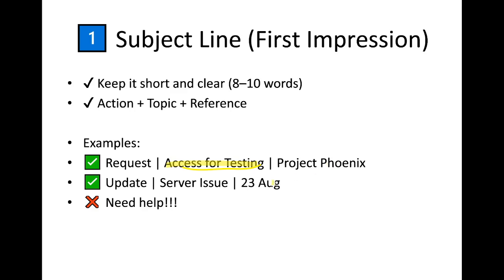Second example, you can say update. You just want to update about the server issues on 23rd August, like when any activity is scheduled related to the server issues. Suppose you have to purge the data or delete the old logs from the application or the server.